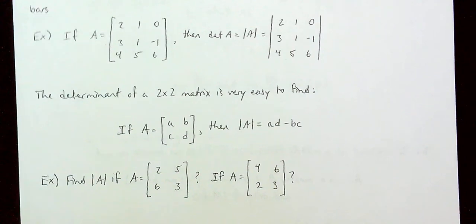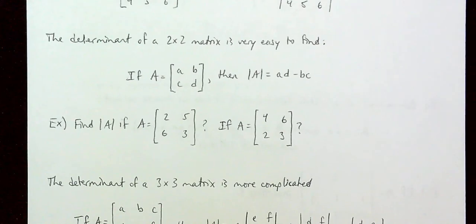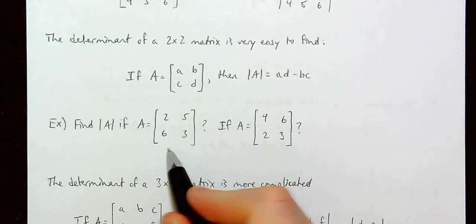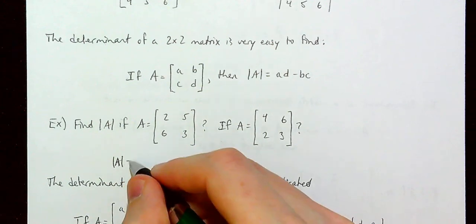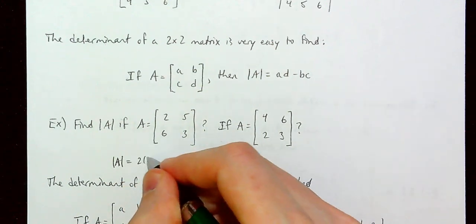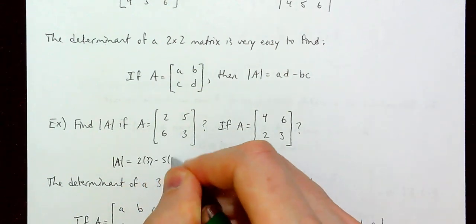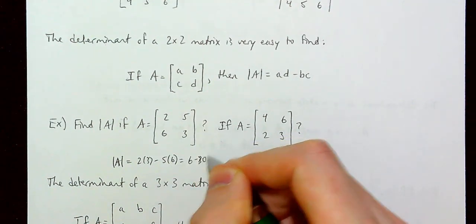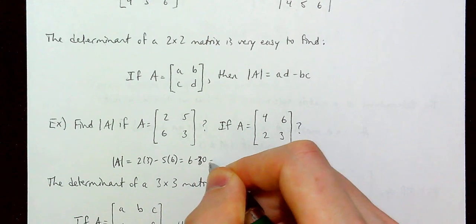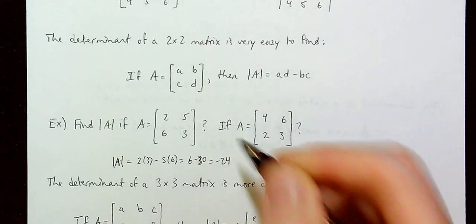So just as a couple of quick samples here, the determinant of this matrix here, if we look at this as A, determinant of A, 2 times 3 minus 5 times 6, which is 6 minus 30, or negative 24.